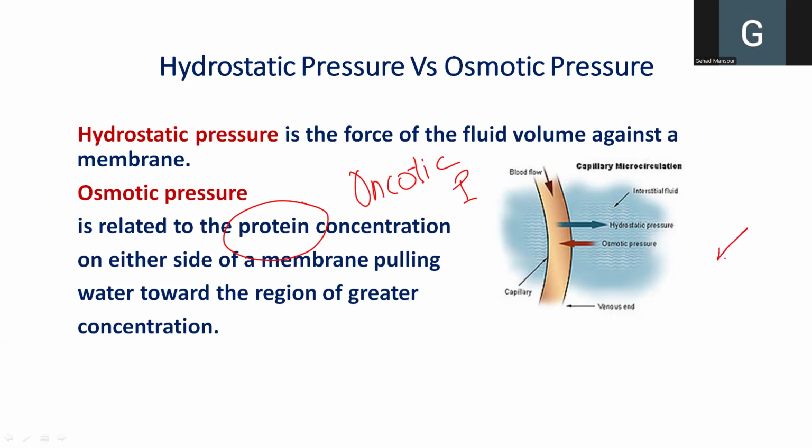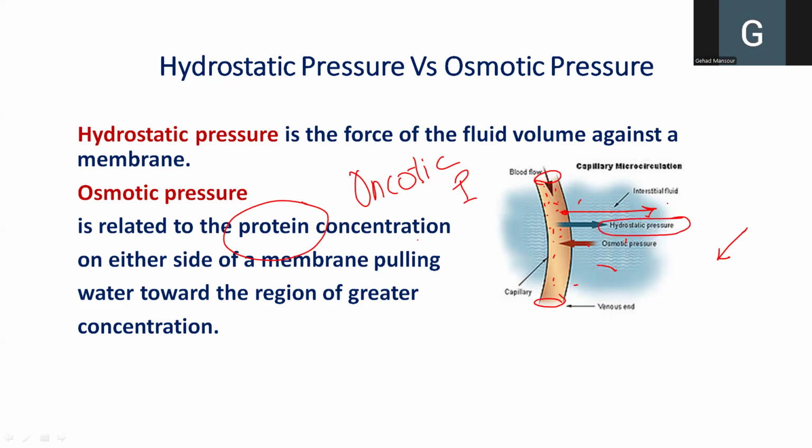If we look at this diagram where we have a blood capillary, and we have blood inside, and the plasma is full of fluid. So you will have an outwards tendency of the water to flow out because of the hydrostatic pressure. Because as we said, the pressure by the inner fluid on the walls of the blood vessel is the hydrostatic pressure.